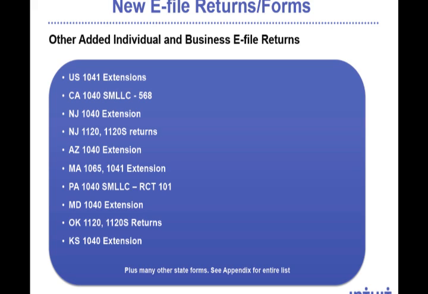And also in your PDF, there's an appendix of some additional state forms that we added as far as support goes. These are ones that in the past may have had to be separately filed. Those are now included in the e-file. And again, in your PDF, there's an appendix that lists all of those state forms.